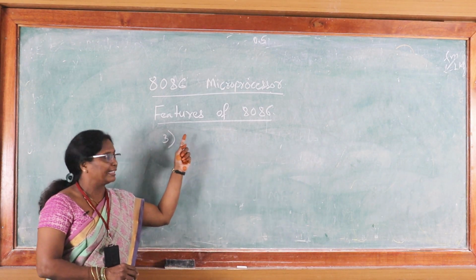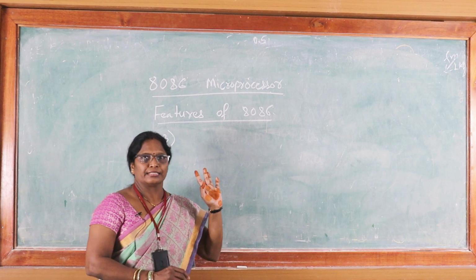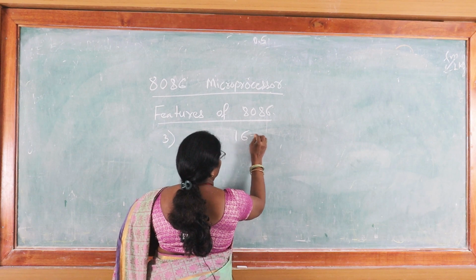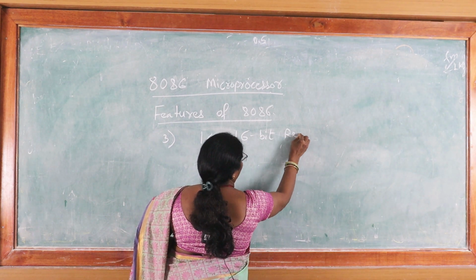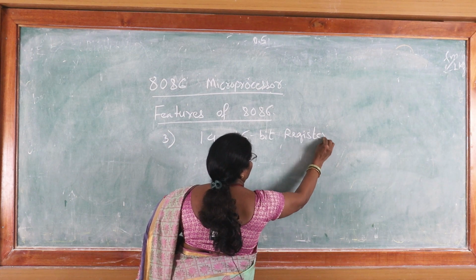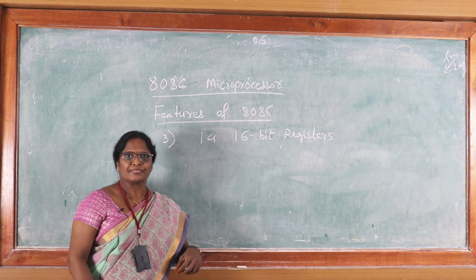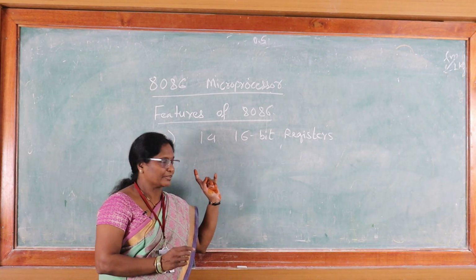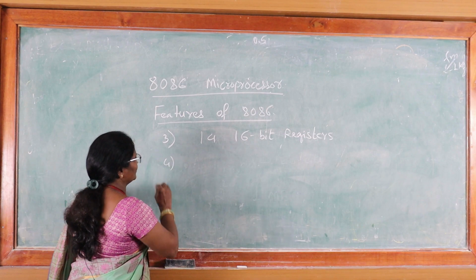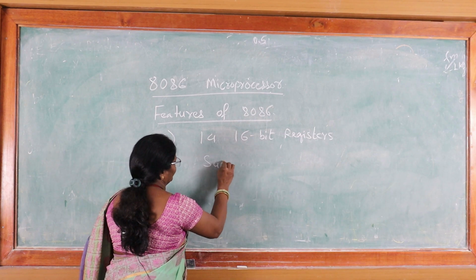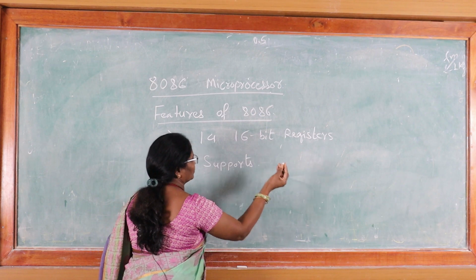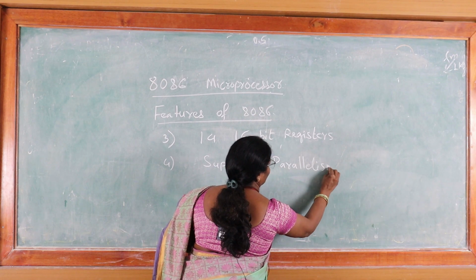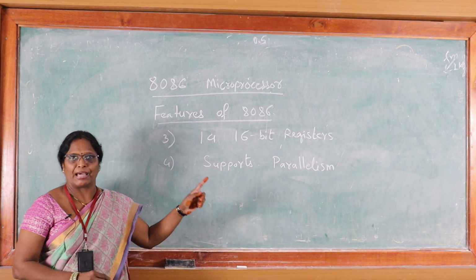Third feature of 8086 is it has 14 16-bit registers. So all registers available in 8086 are 16-bit in size. Fourth feature is it supports parallelism.